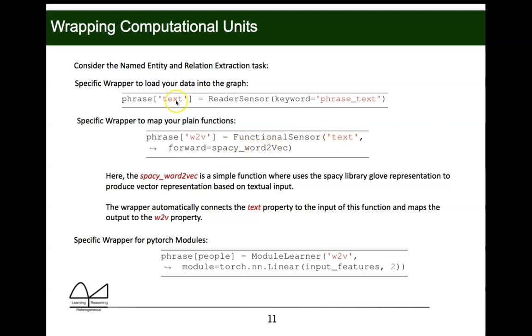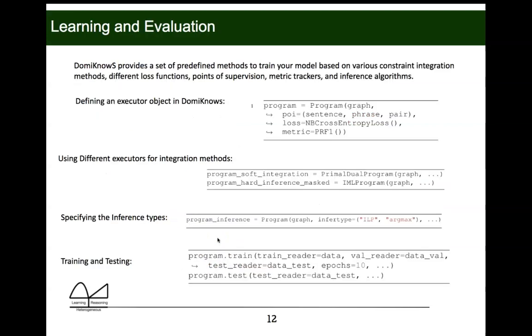This text is already read from the data, and this is passed as an input to this function, and the output that is generated is stored in this other property, W2V, in the same graph. Or if you want to use your PyTorch modules, we have a different wrapper called module learner. And you see that the module passed to it is exactly what we would use in PyTorch, and we have said this is the input, and this is where we want to store the outputs.